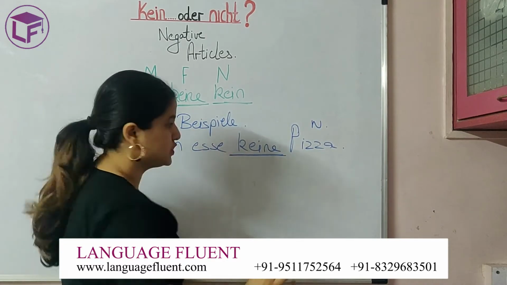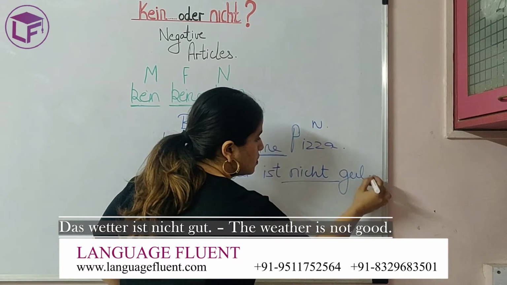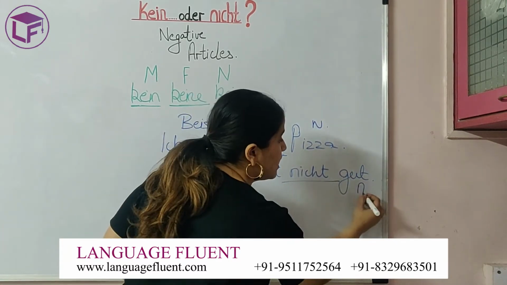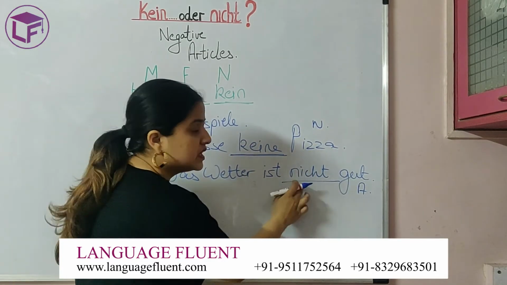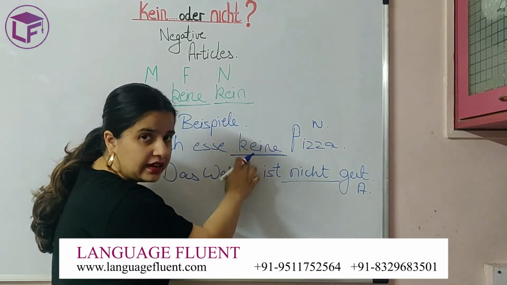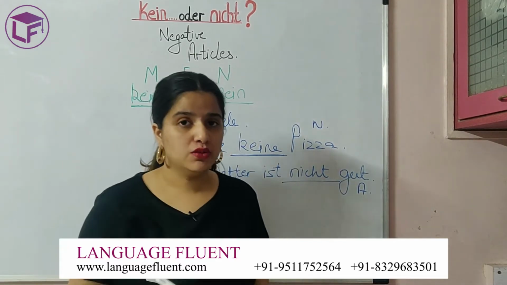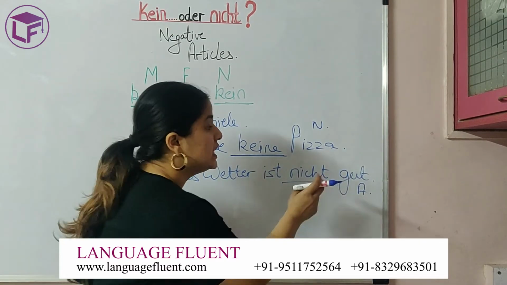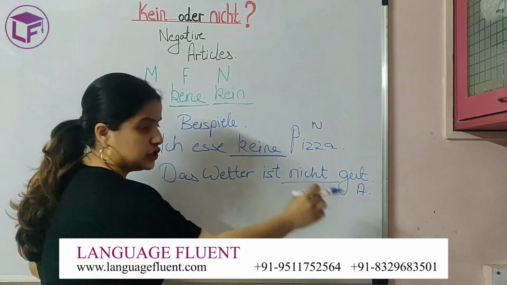Now nicht. Das Wetter ist nicht gut. Here gut is an adjective. That's why we have used nicht and not kein. So as I mentioned before, kein we use to negate nouns, and to negate adjectives or verbs we use nicht. So that is the difference between kein and nicht.